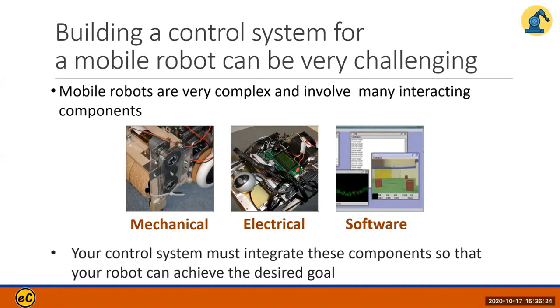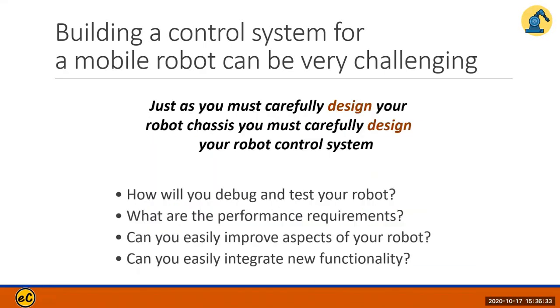Mobile robots are very complex and involve many interacting components, and you need to put them together to act as you wanted. Just as you must carefully design your robot chassis, you must carefully design your robot control system. In fact, the robot control system is more difficult than the robot chassis.